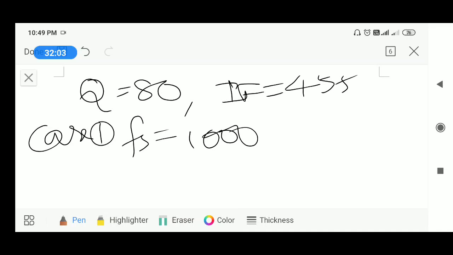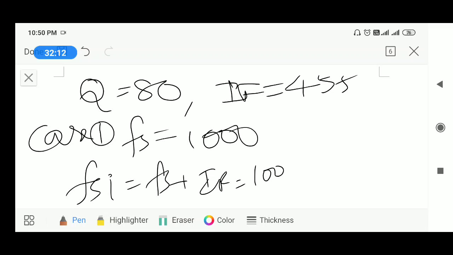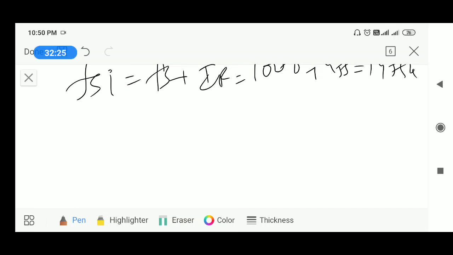What is the image frequency? Fsi is equal to Fs plus 2 IF, that is 1000 plus 910, and the image frequency rejection ratio requires rho.